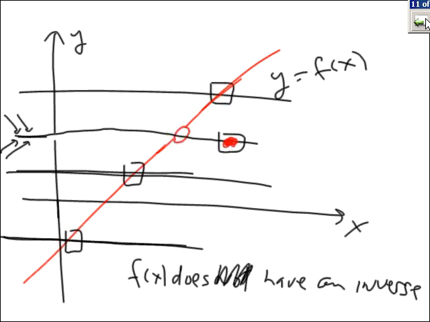If you can find even one horizontal line that crosses the graph in more than one place, that function does not have an inverse. If, on the other hand, nobody can find a horizontal line that crosses the graph in more than one place, then that function, that graph, does have an inverse.